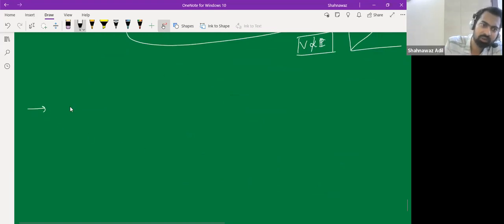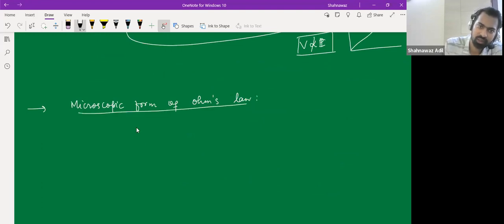We were also doing the microscopic form of Ohm's law, and this we will do now. We saw that current is NeAv_d. What we did is we take this area on this side, so this becomes A, and this is Nev_d.